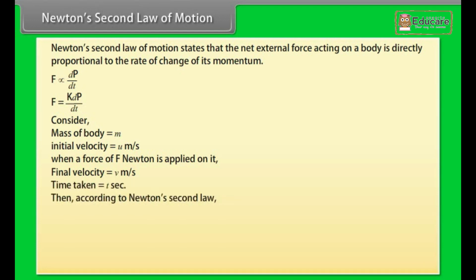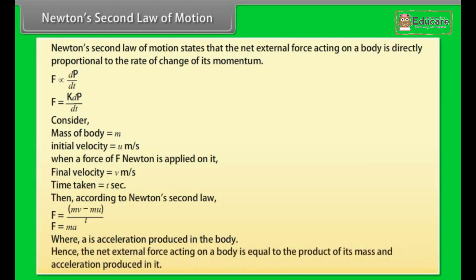Then, according to Newton's second law, F is equal to (mv minus mu) divided by t. F is equal to ma, where a is the acceleration produced in the body. Hence, the net external force acting on a body is equal to the product of its mass and acceleration produced in it.